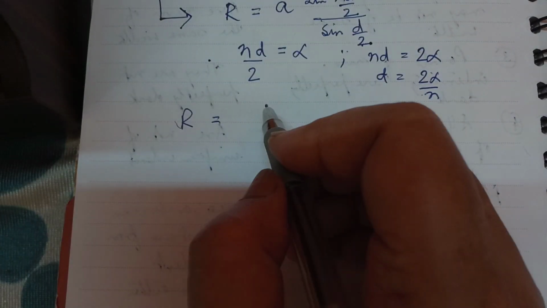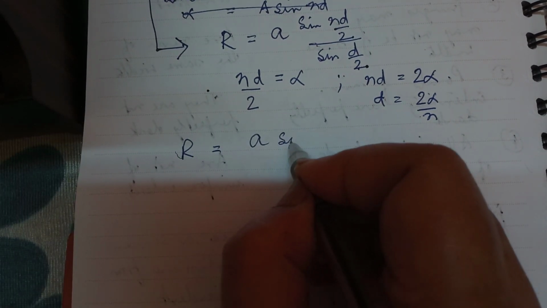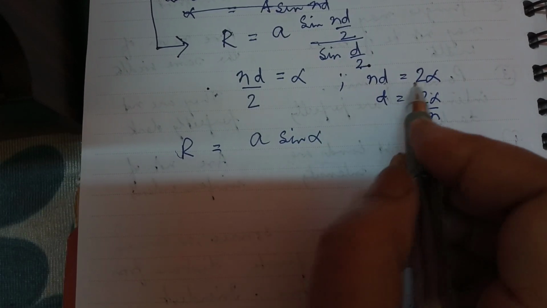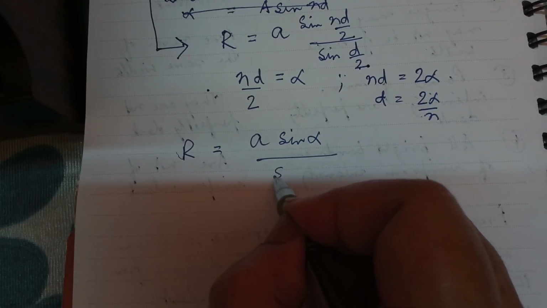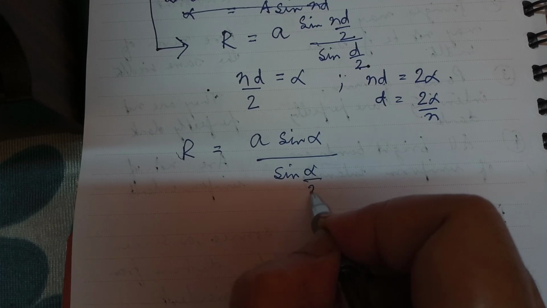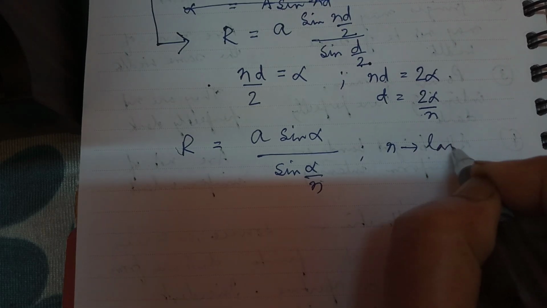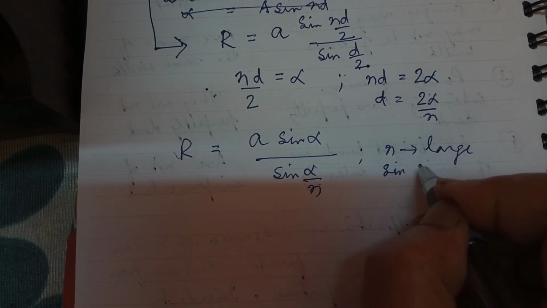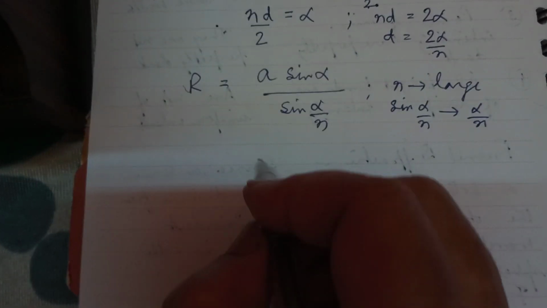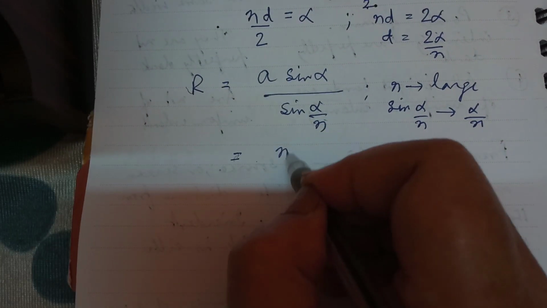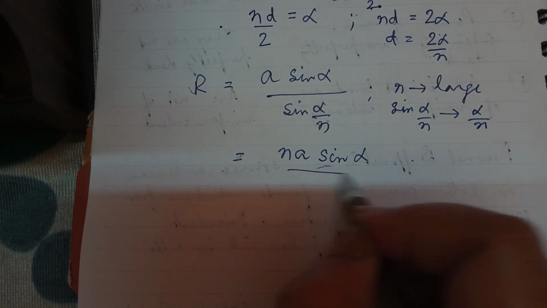Sine of ND by 2 is sine of alpha, and D by 2 is alpha by N, so sine of alpha by N. Because N is large, sine of alpha by N goes to alpha by N. So what you have is NA sine alpha by alpha.